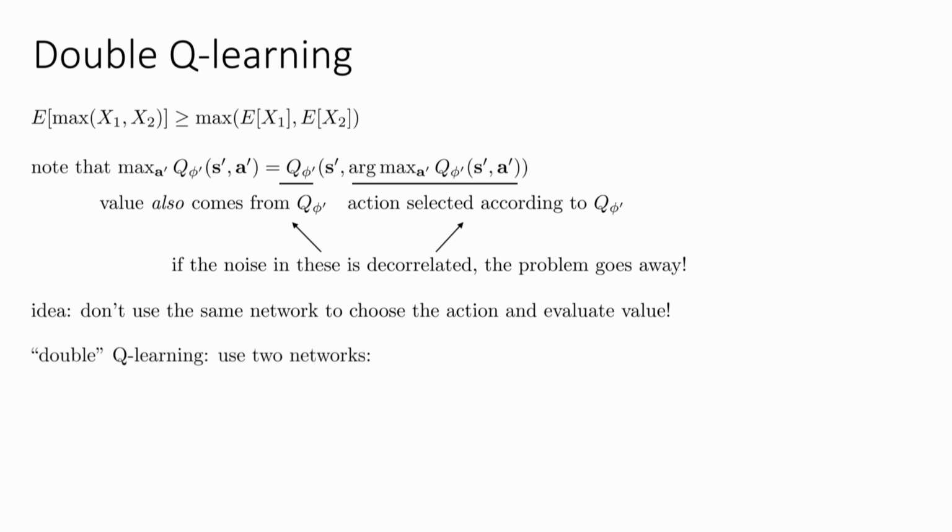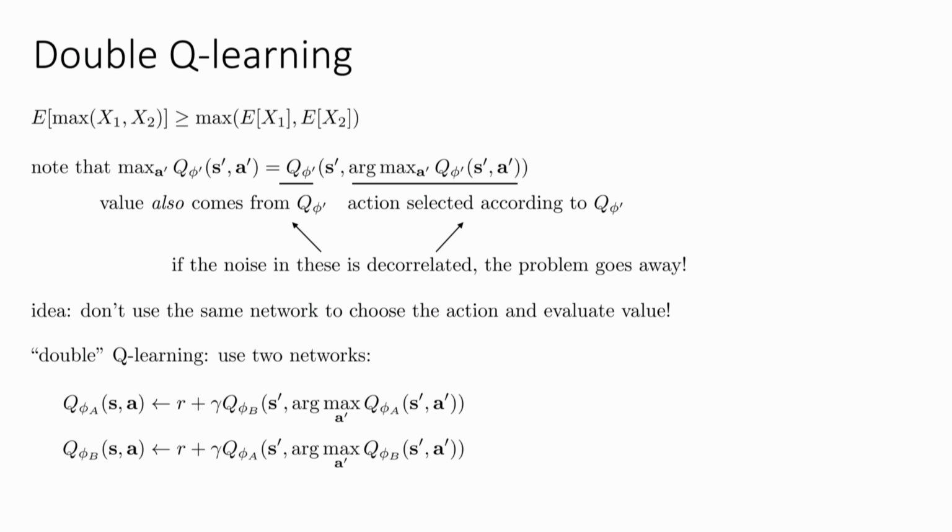The way that I can do this is called double Q-learning. Use two Q functions. One Q function is going to be phi a, the other one is phi b. Phi a will be updated by using phi b for the values, but phi a for the argmax. And phi b will be updated by using phi a for the values and phi b for the argmax. So you never evaluate a Q function at an action which is the argmax of that same Q function.